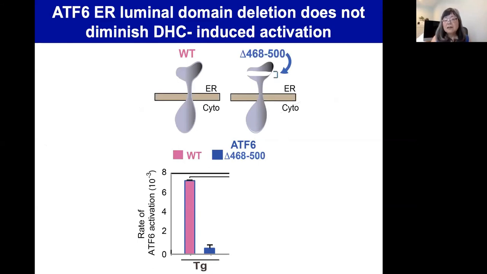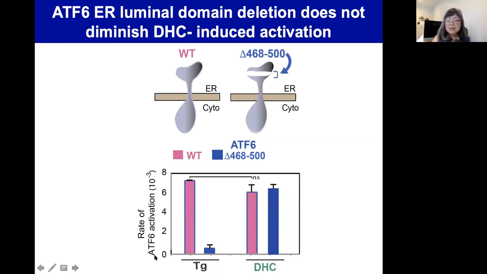Obviously, a deletion like that will prevent ATF6 from recognizing unfolded proteins, so that's what you're seeing in the presence of the deletion: it's no longer producing the activated form of ATF6. However, this deletion did not have any impact on the activation by DHC, and, not shown here, also DHS.